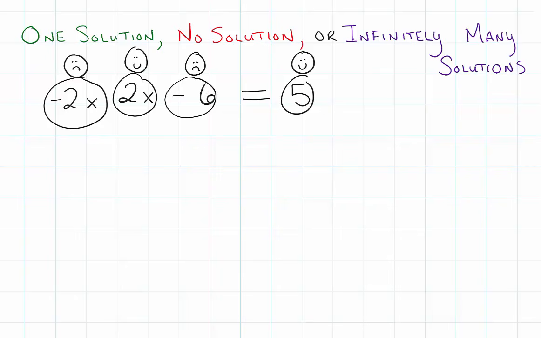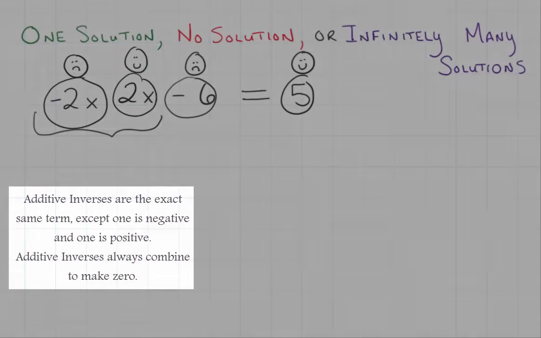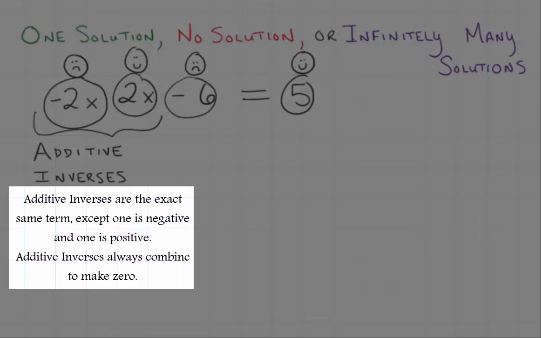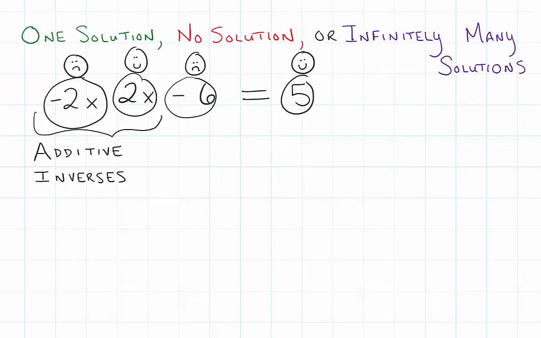What happens when we go to combine these terms? Well, these are what we call additive inverses. Additive inverses always combine to make 0. So negative 2x and positive 2x cancel each other out and form 0.